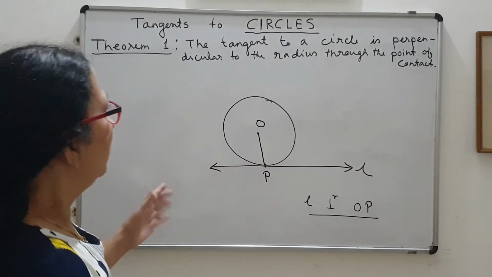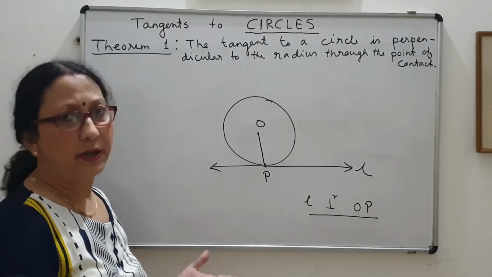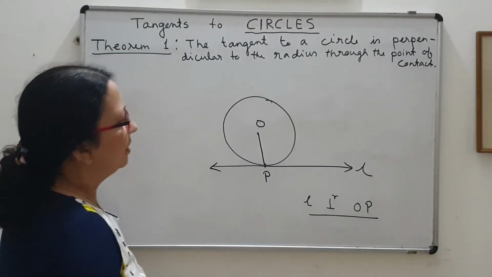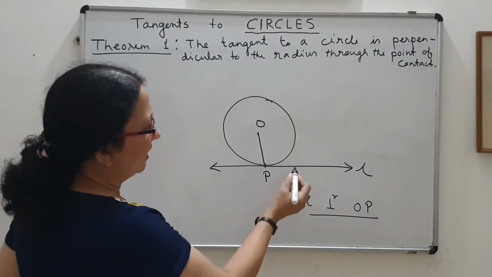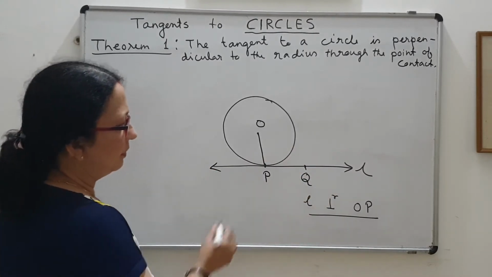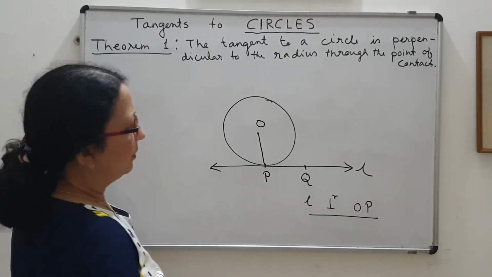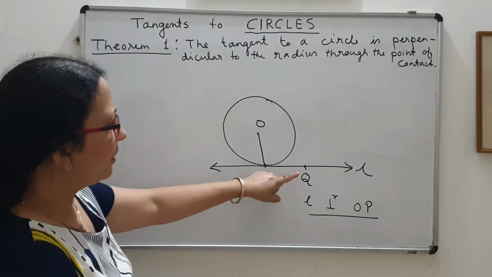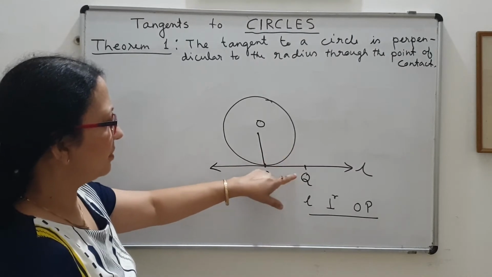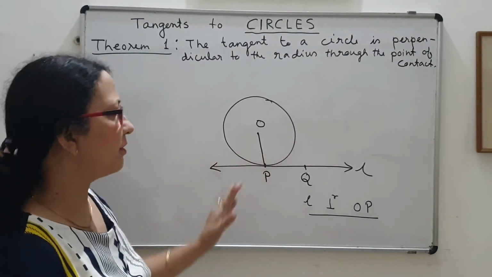Okay. So now the proof of this theorem can be given by logical reasoning. So like this, we take any point, say Q here on the line L. Now you see, this point Q has to be outside the circle, because if it is on the circle, it will be a secant. Again, if it is inside the circle, then also it will be a secant.